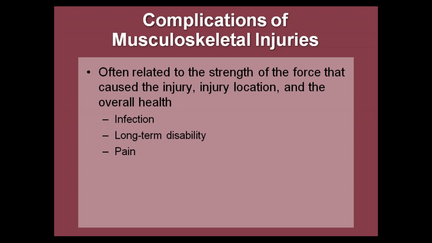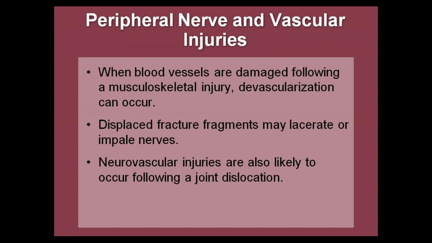All right. So peripheral nerve and vascular injuries. When blood vessels are damaged following a musculoskeletal injury, you could have some devascularization that may occur. Displaced fracture fragments may lacerate or impale the surrounding nerves. And you could have neurovascular injuries that are also likely to occur following a joint dislocation.